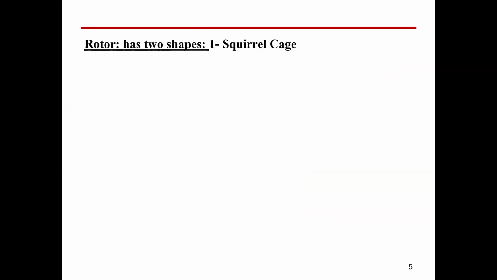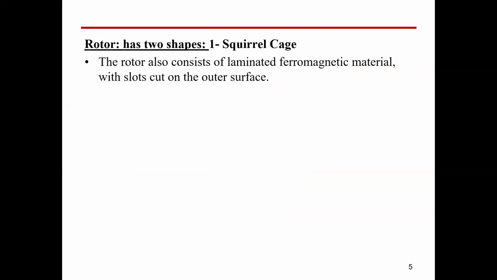For the rotating part, guys, we have two different shapes. The first shape is called the squirrel cage. In the squirrel cage, the rotor consists of laminated ferromagnetic material. If you remember, this was the same construction as the stator core, which is also made of laminated ferromagnetic material.